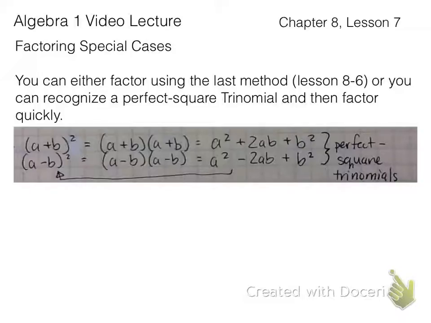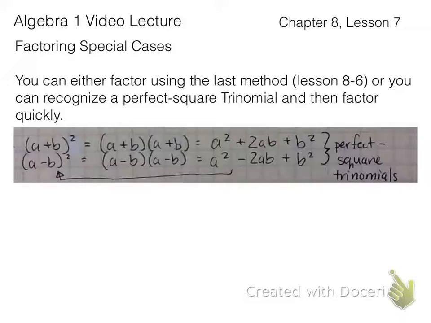All right? So you can either factor using the last method, which we talked about in the last lesson, or you can recognize a perfect square trinomial and then factor quickly. To recognize perfect square trinomials, you just need to double check that the math's correct.